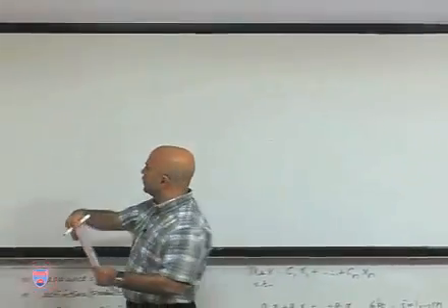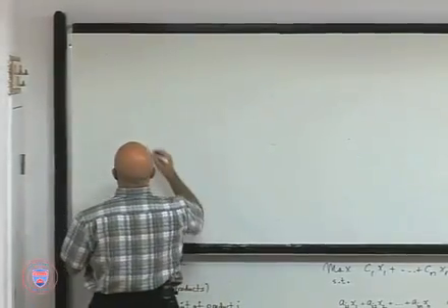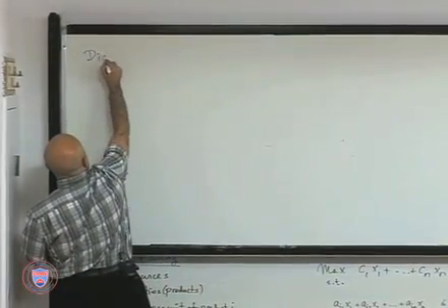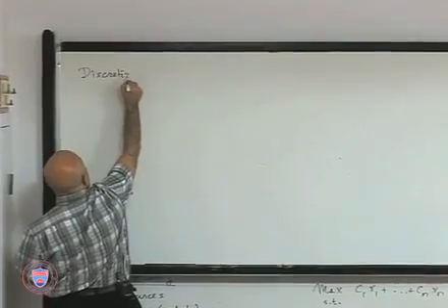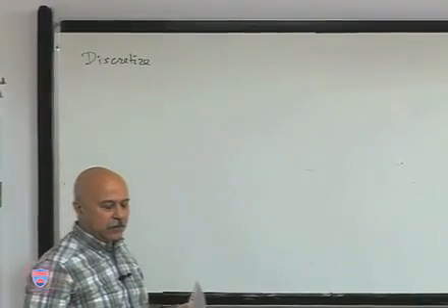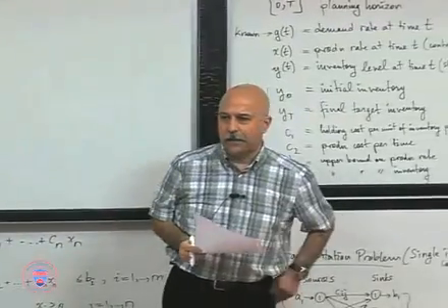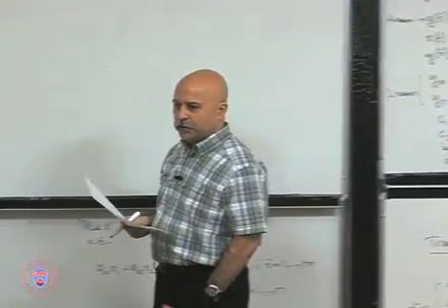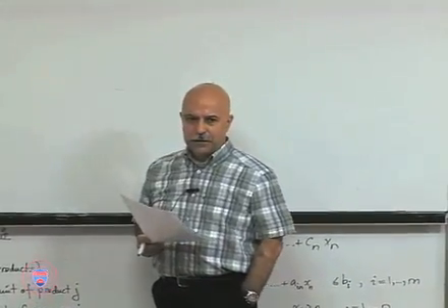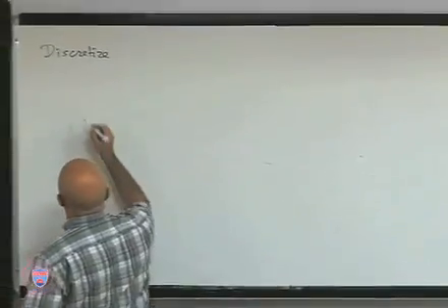So how do we do this using linear programming? We do what many people do. We discretize the problem. Rather than using a continuous time version of the formulation, we discretize it. How do we do it?